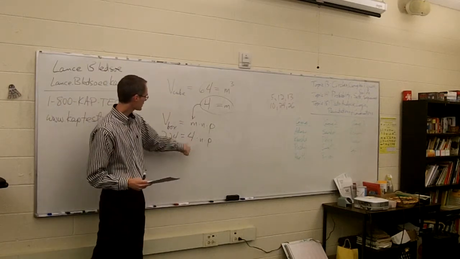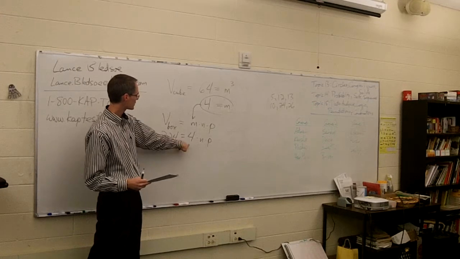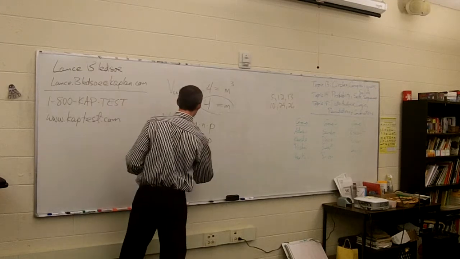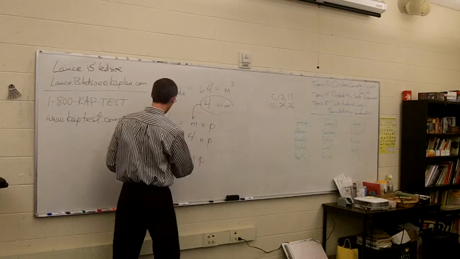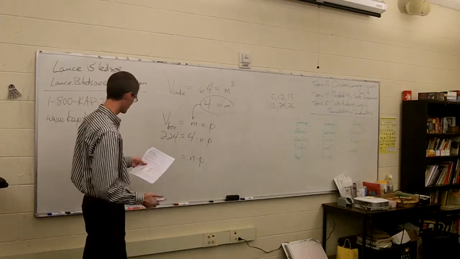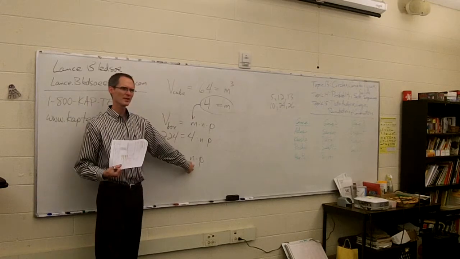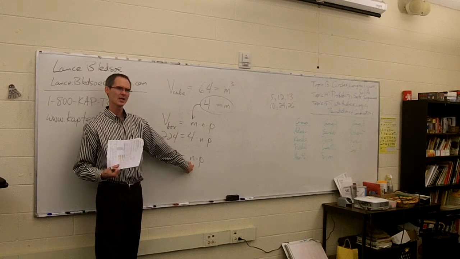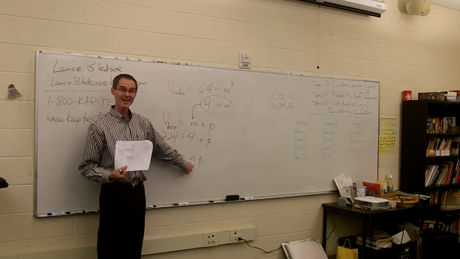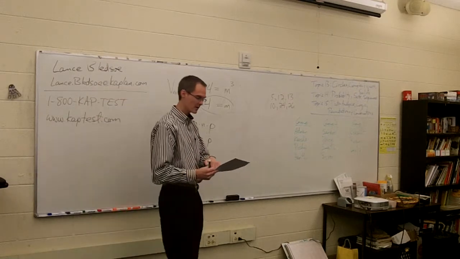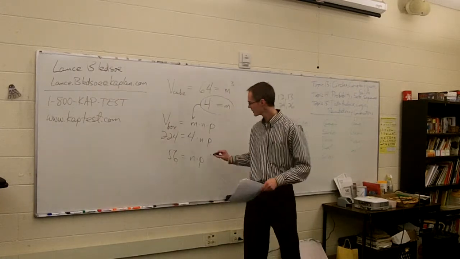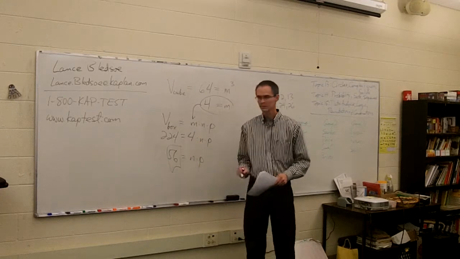Well, now I've got an equation, and notice if I divide both sides of this by 4, then I'm going to have n times p. And 224 divided by 4 is 56. And what exactly is n times p? The area of the base of. Yeah, that's the area of the base of that rectangular box, n times p. So that's what I'm looking for, which is 56.